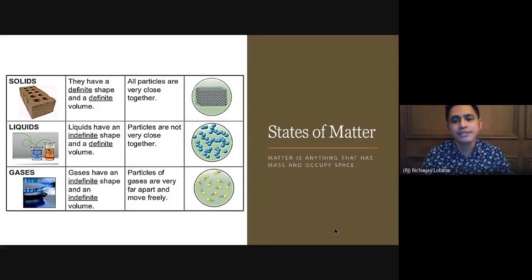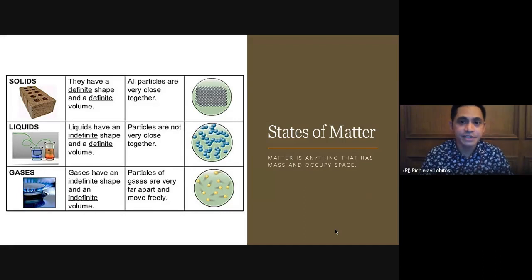To quickly revise that lesson, you've learned that matter is anything that has mass and occupies space. There are three states of matter, namely solids, liquids, and gases.